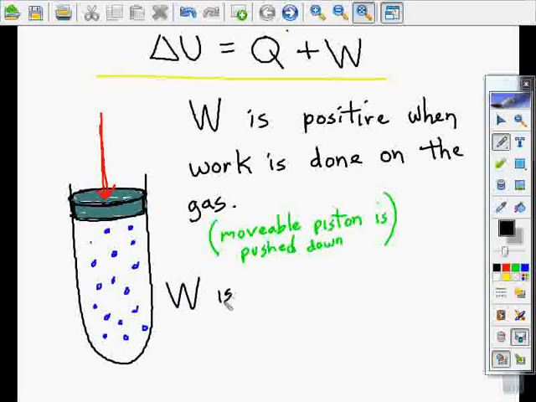W is negative when work is done by the gas.